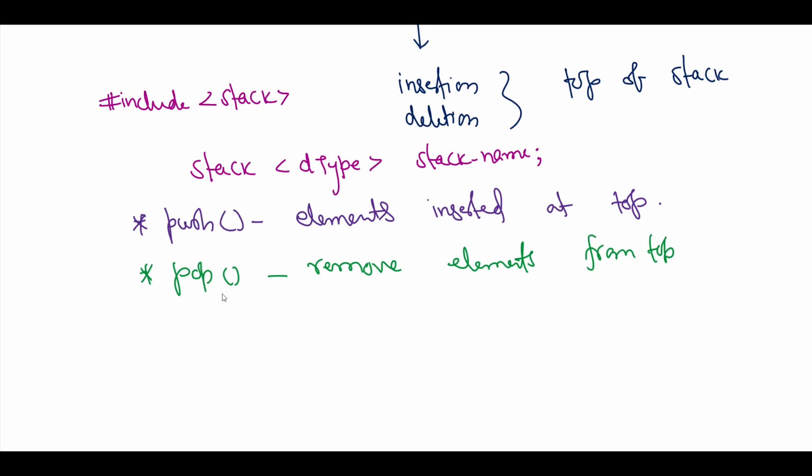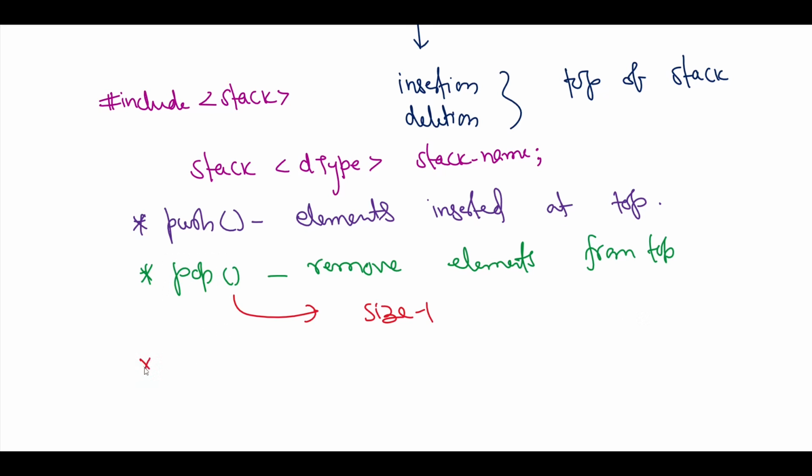It will basically reduce the size of the stack by 1. The element is always removed from the topmost position of the stack, or you can say that the most recently added element is removed from the top, but this method does not return anything.